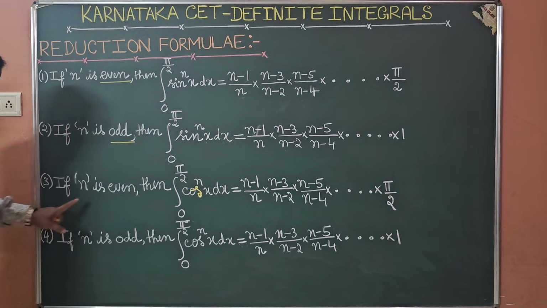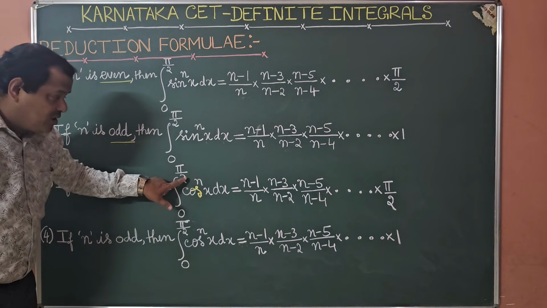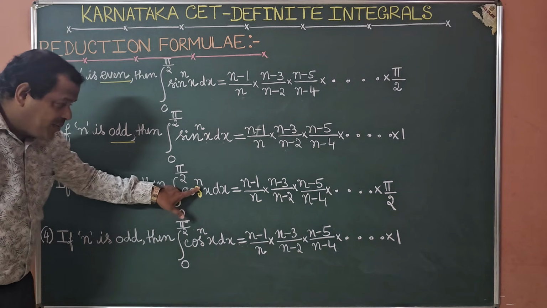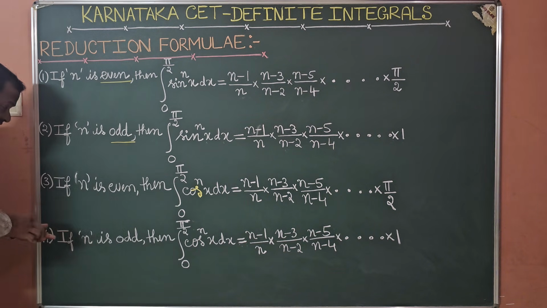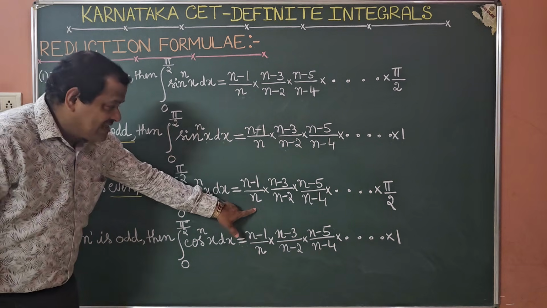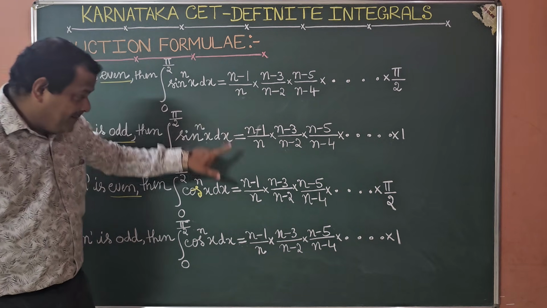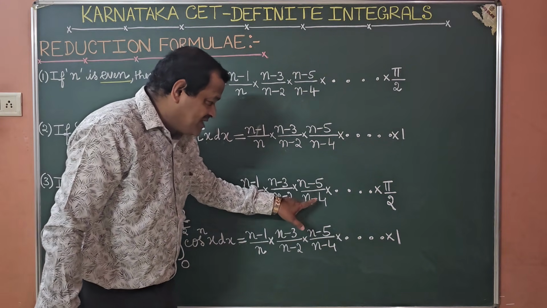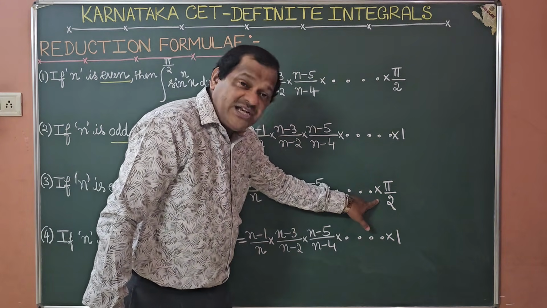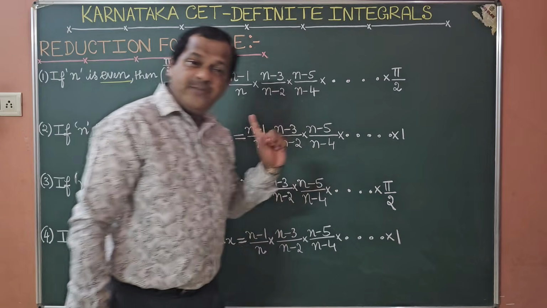Now the third one. The question is integration from 0 to pi by 2 of cos power nx dx, provided n is even. If n is even, the formula is the same as that of the first one: (n minus 1) by n into (n minus 3) by (n minus 2) into (n minus 5) by (n minus 4) into so on, and last it should end with pi by 2.